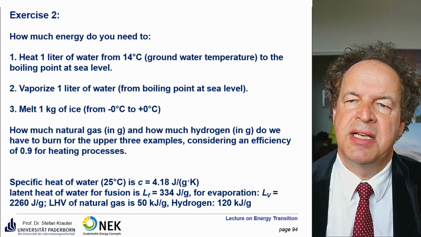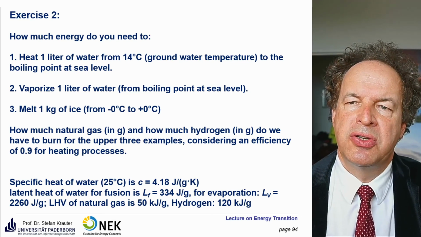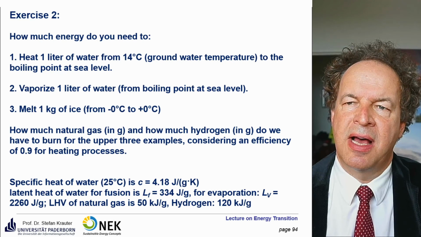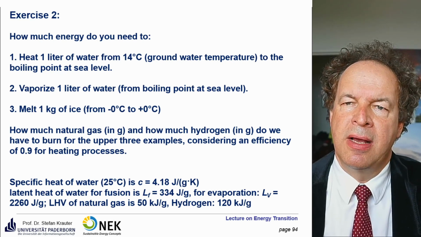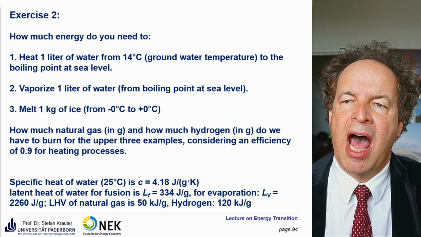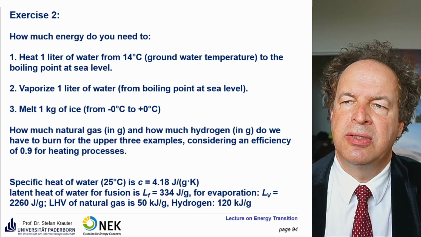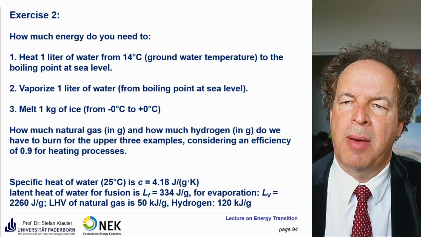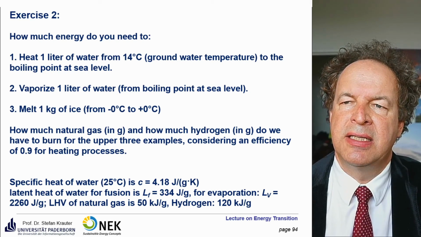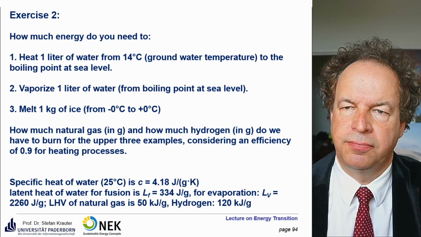Then you are asked how much fuel you need to do that. We take natural gas as an example, and hydrogen. The question is how many grams of natural gas and how many grams of hydrogen you need to do the tasks above. And you have to consider an efficiency for the heating processes of 0.9.